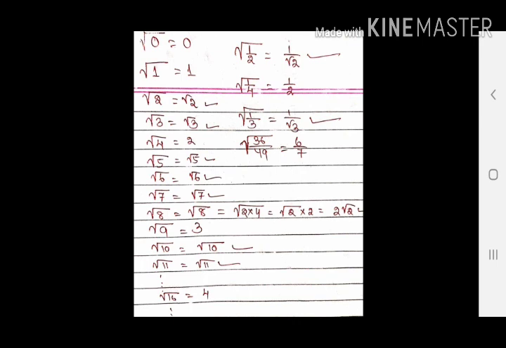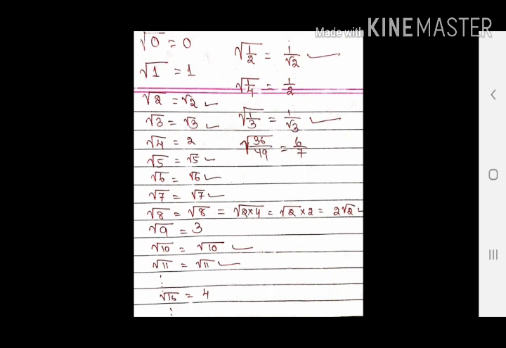Okay. So in this example also, on the right side you may see 1 by 2, square root of 1 by 2. So here 1 is multiplied with 1 to get 1, and root 2 is multiplied with root 2 to get 2. So 1 by 4, 1 by 2 into 1 by 2 is 1 by 4. 1 by root 3 means the numerator will be 1, the denominator will be root of 3.